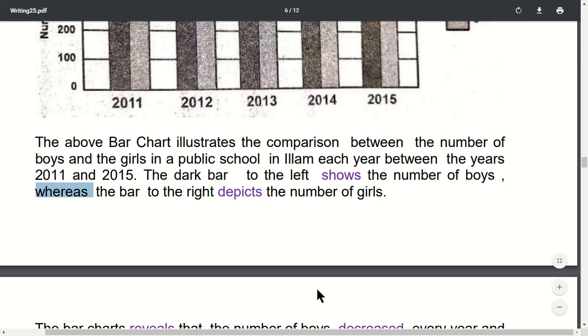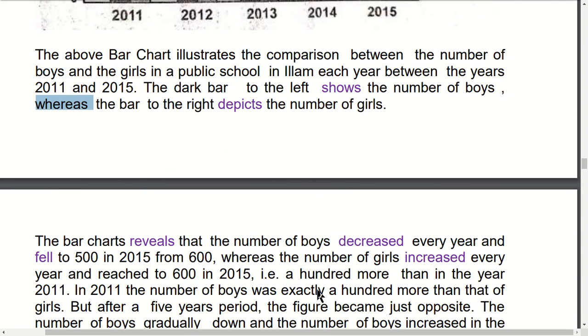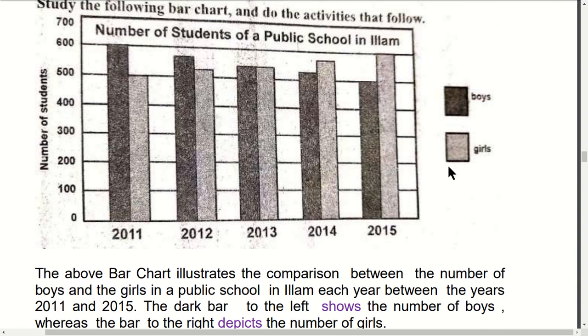The bar chart reveals, which also means shows, that the number of boys decreases, meaning reduces, every year and falls to 500. In 2015 it falls to 500.